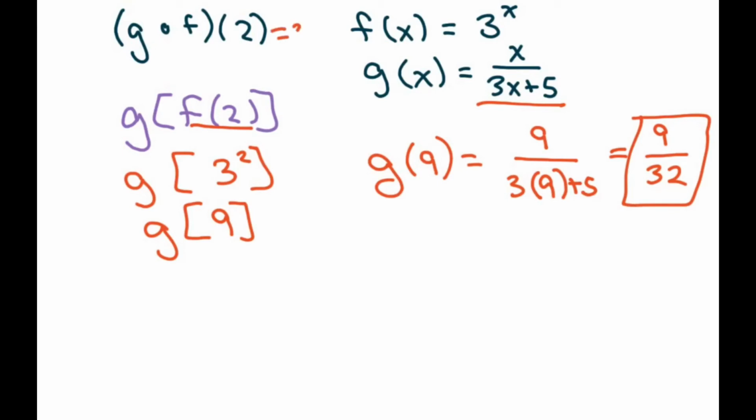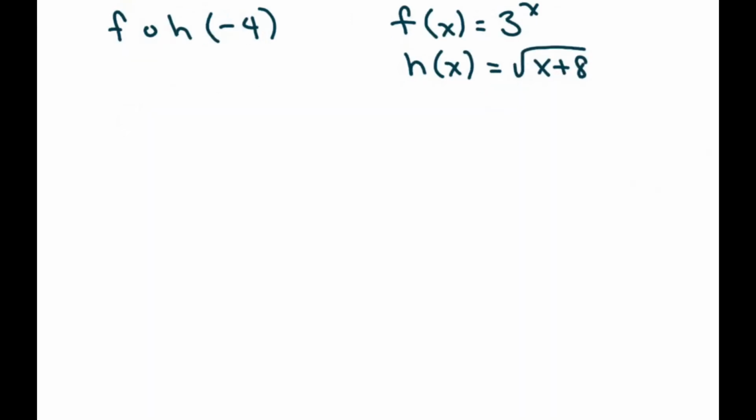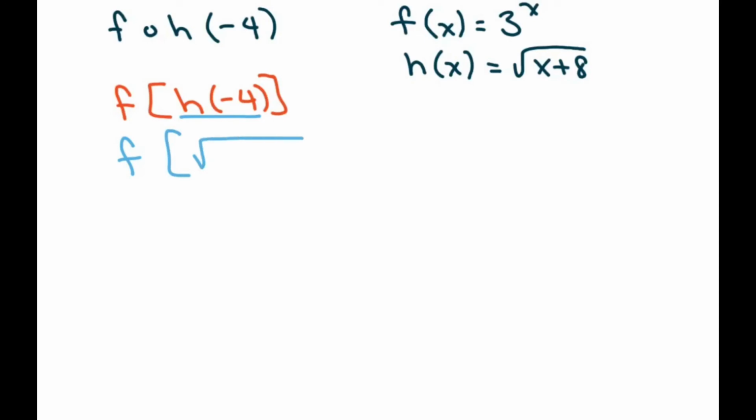Now, the next one is this one. We want to rewrite this like this. I do my inner function first and do h of negative 4. When I plug in h, that's going to be the square root of negative 4 plus 8.